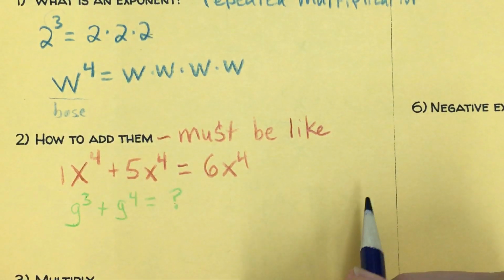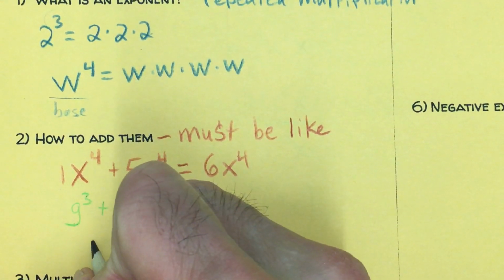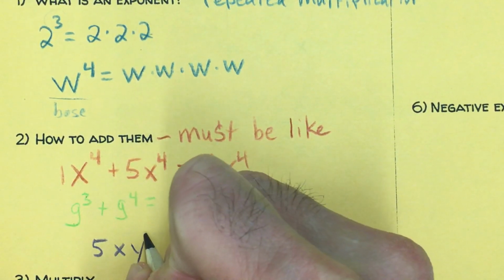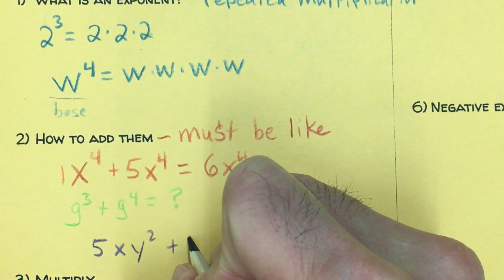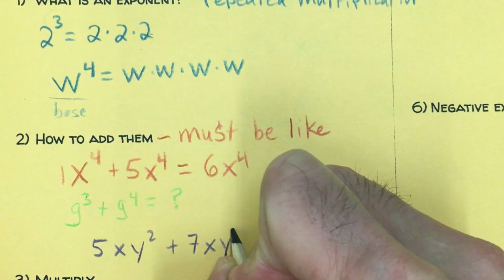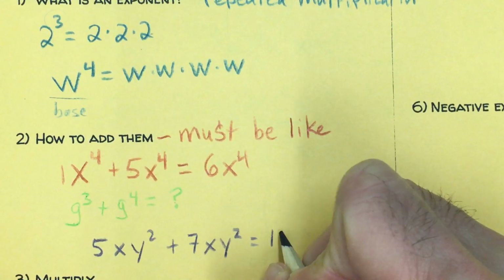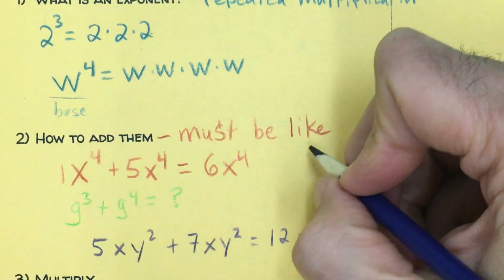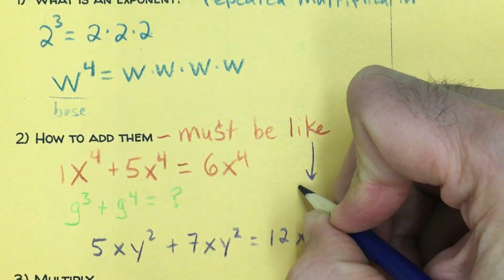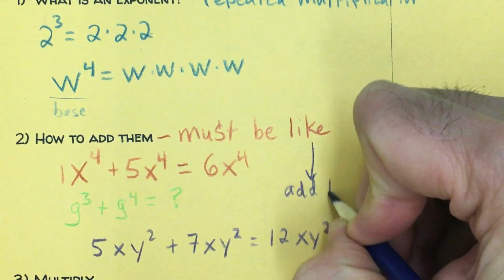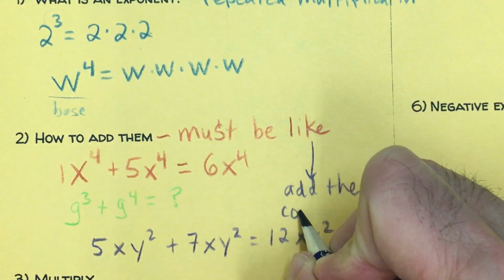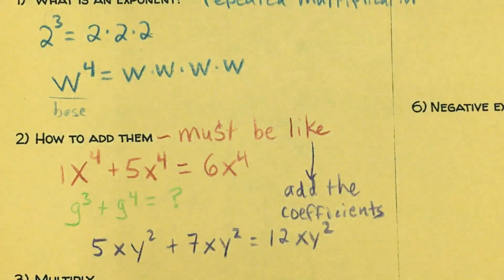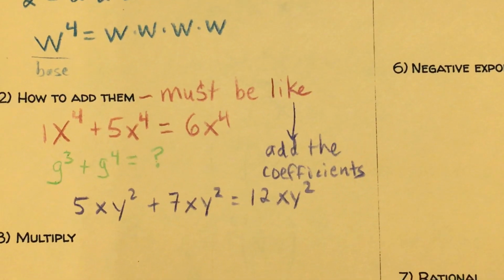So let's try one other one. 5xy squared plus 7xy squared. That'll be 12xy squared. Must be like terms, add the coefficients. That's what you're doing. You're adding the coefficients.